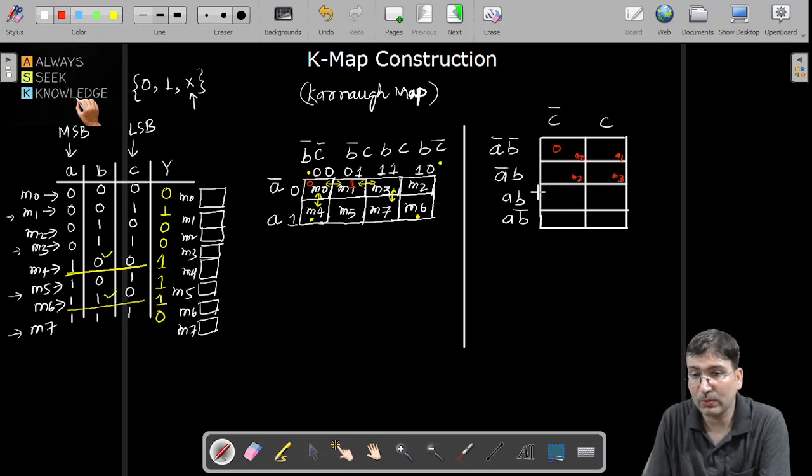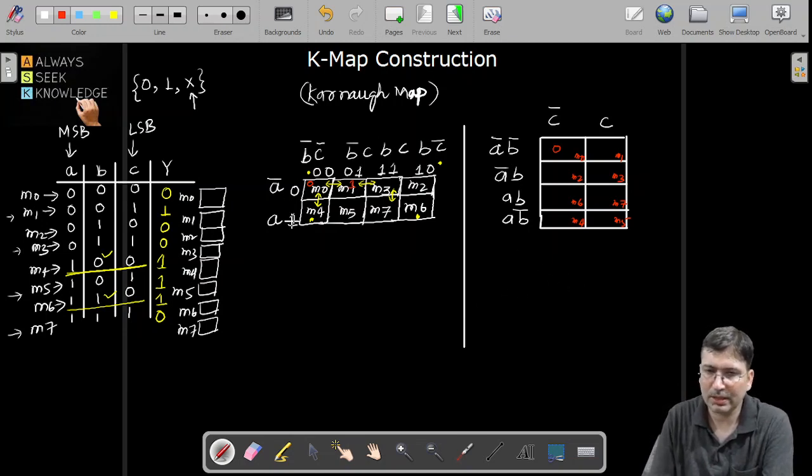Now 1, 1, 0 is 6, so this is M6, and 1, 1, 1 is M7. Now this is 1, 0, 0, so this is M4, and this is M5, right? So the arrangement is like this, and here it is already reflected.